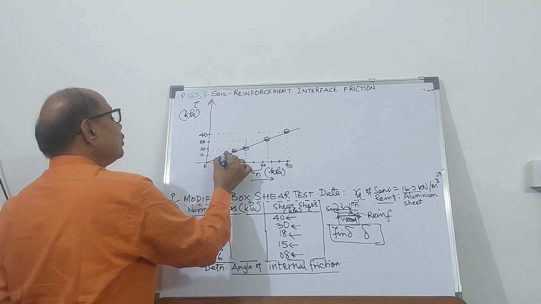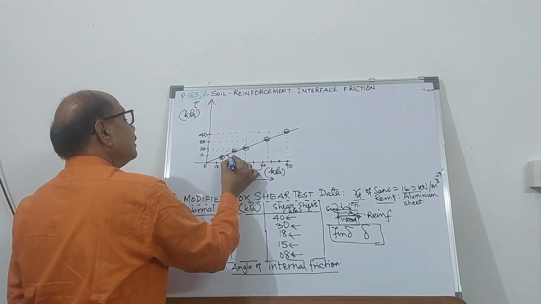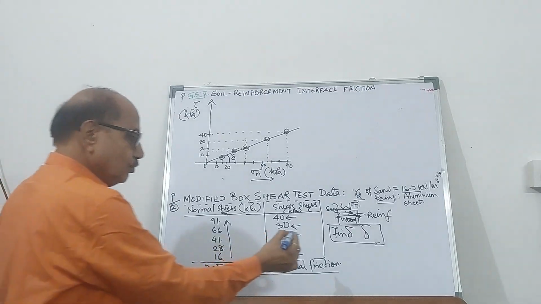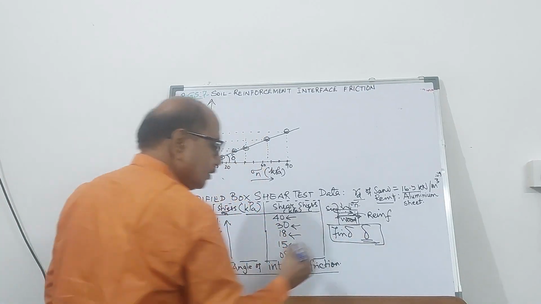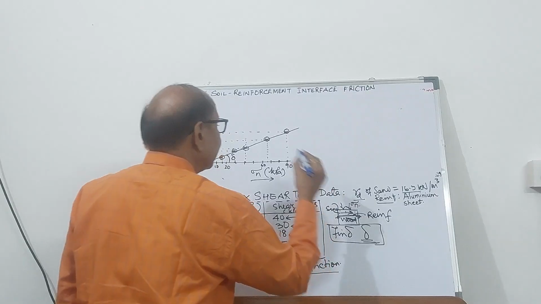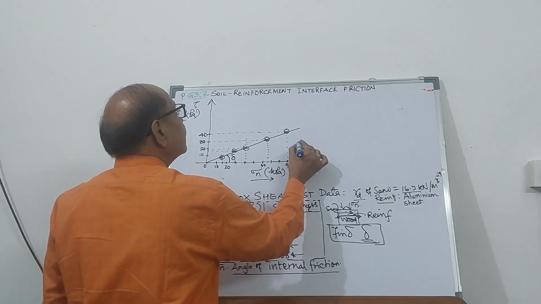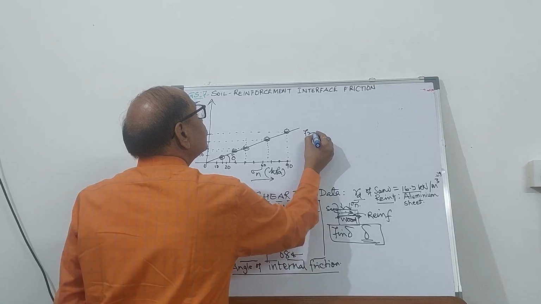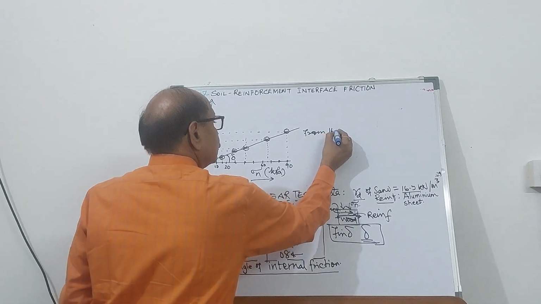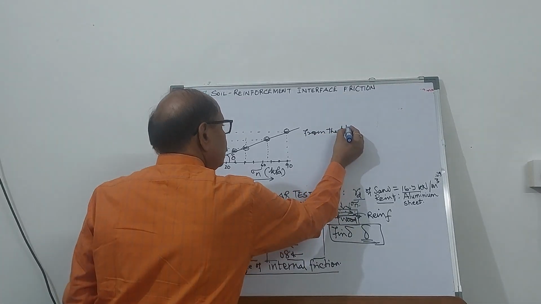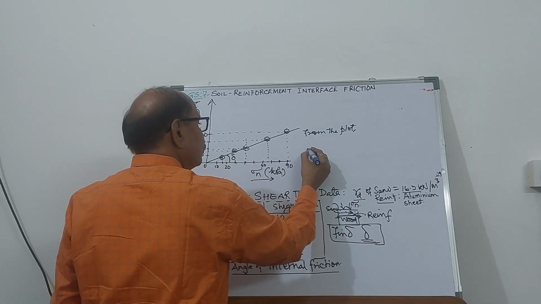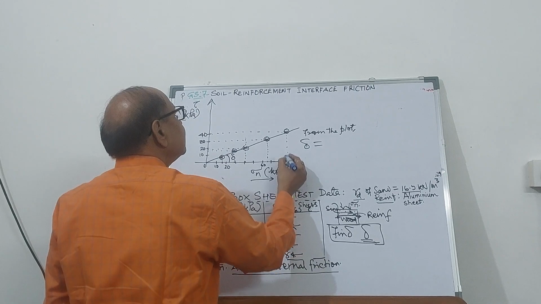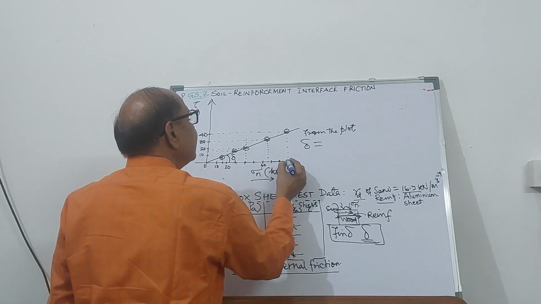And the inclination of this line will give you the value of angle of wall friction, which is to be calculated. So this we can find out. Therefore, from this plot, find out the value of delta.